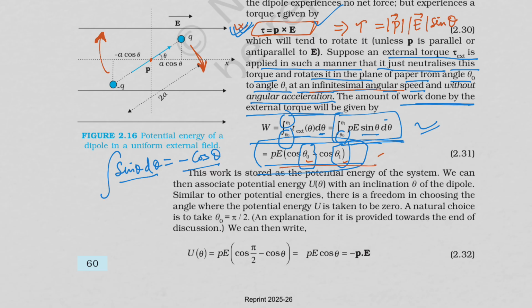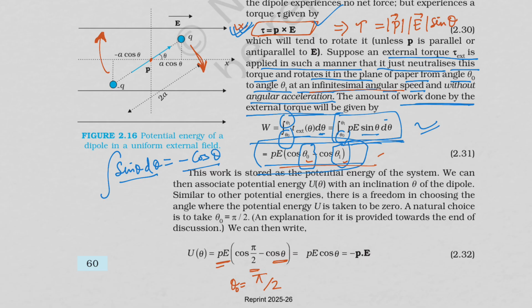And here we take that initially theta naught is actually pi by 2. We will discuss this later in a better way, but for now just understand this is what happens. And finally we go to the value theta, where we say that potential energy is stored. Cos pi by 2 is actually 0, and so we multiply PE by minus cos theta.